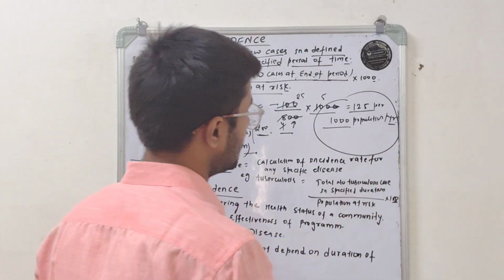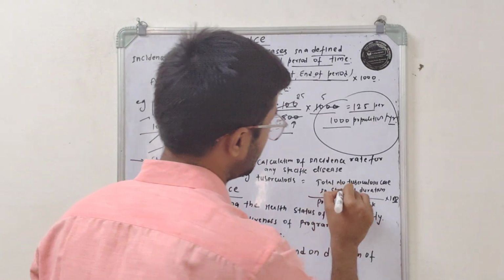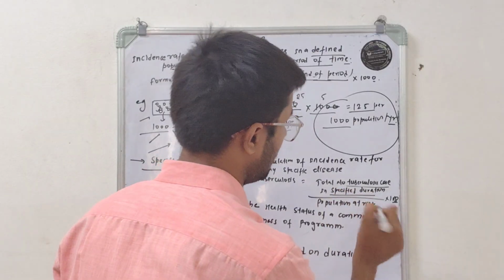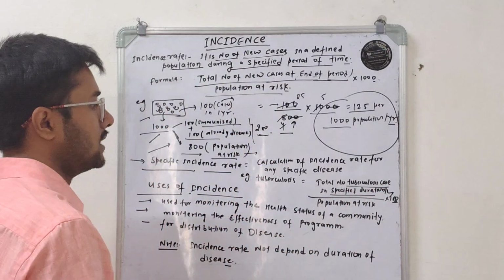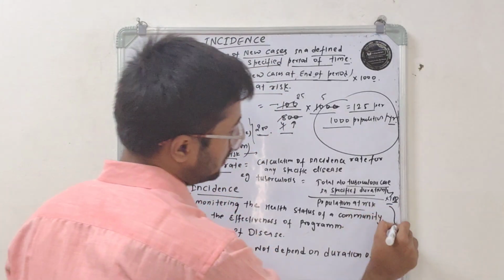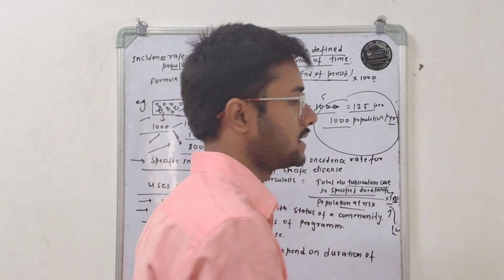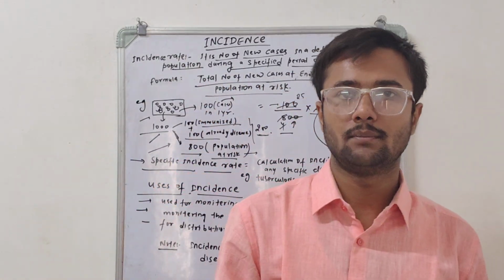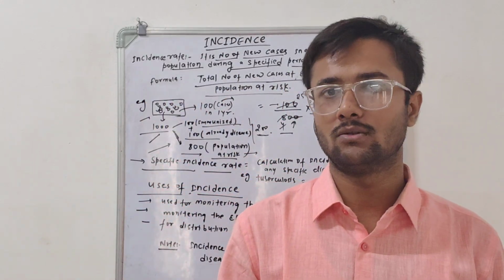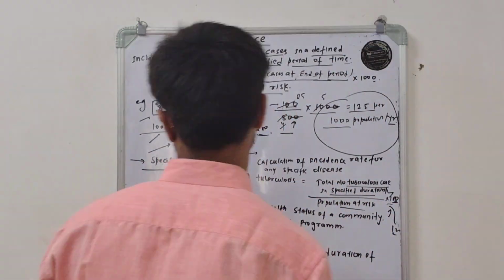So it is the total number of tuberculosis cases in a specified duration, I mean 1 year, over the population at risk, multiplied by 100. Then the value will come in percentage. Whenever we multiply by 100, the value comes in percentage. Whenever we multiply by 1000, the value comes as the number of diseased persons per 1000 per year. So this is the difference between multiplying by 100 and by 1000.